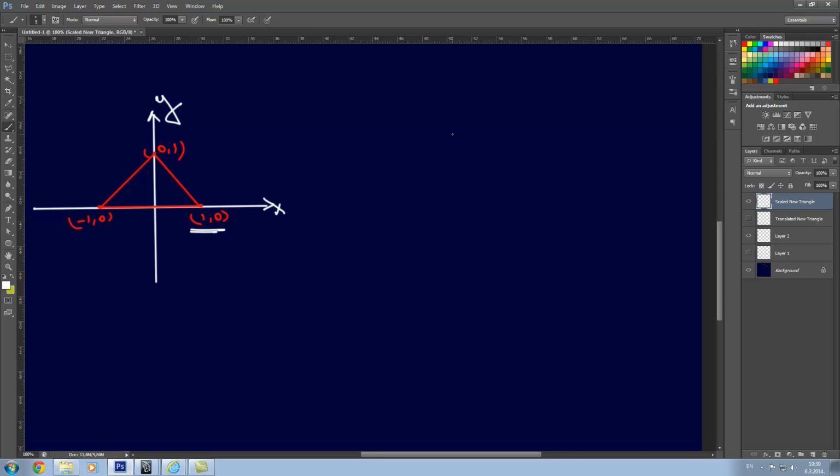If you would like to scale the triangle uniformly, so I'm going to scale it in x and y at the same time, I will go ahead and grab my vertex. So my vertex here at, let's say, 1 and 0, I would like to scale it twice, in both directions.